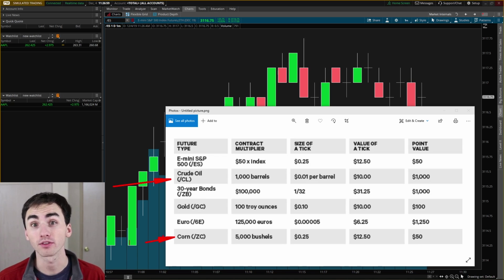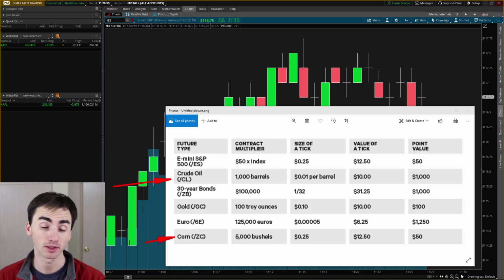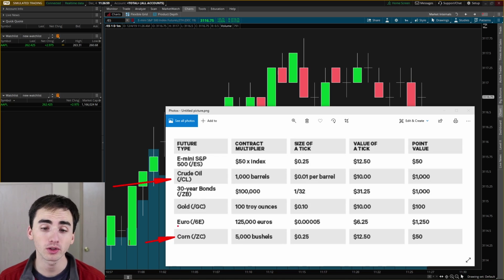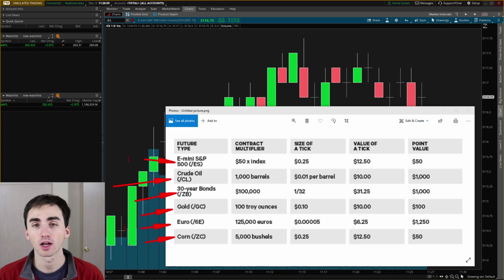There's quite a few different futures. Some of them are with more tangible assets like barrels of oil, corn, and you have gold here as well. But then there's also just financial assets such as bonds here, and then also currency values, and then also index values. So a big one that a lot of people talk about and reference is actually the ES futures.